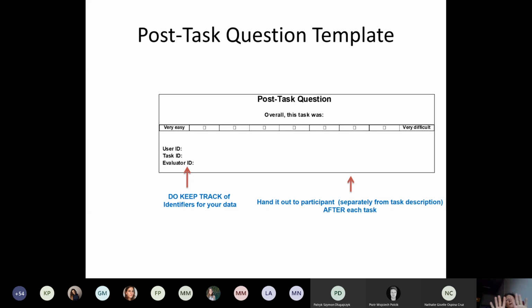It should be clear, especially if you have more than one evaluator, who is who. Of course, if you do it remotely, the evaluator is your group. If you don't do it remotely, the evaluator should be identified, because at some point you don't remember when and what happened, who was responsible for that.